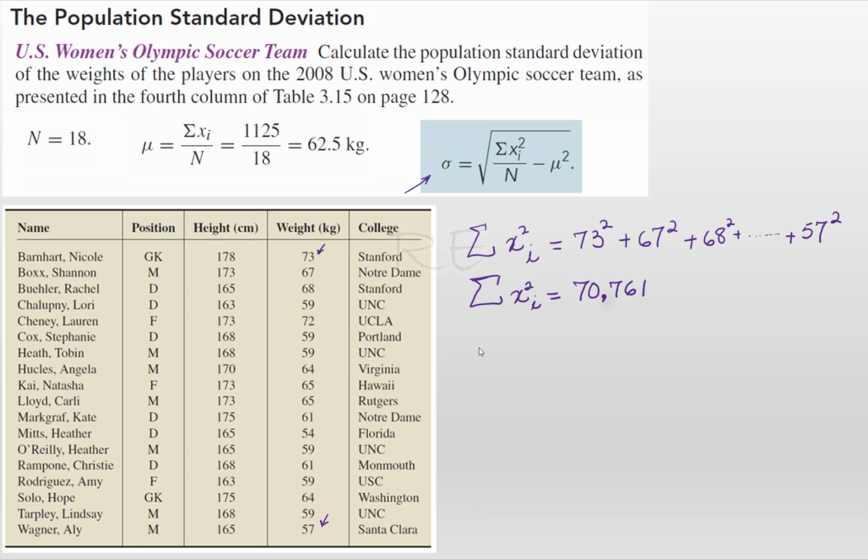70,761. So the population standard deviation is equal to the square root of 70,761 divided by 18, minus the mean, 62.5 squared.